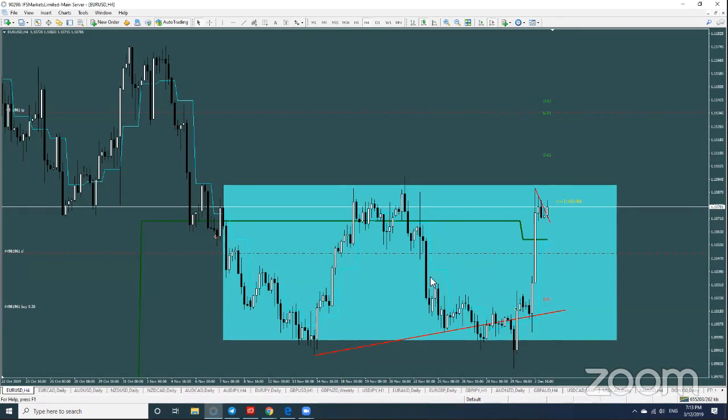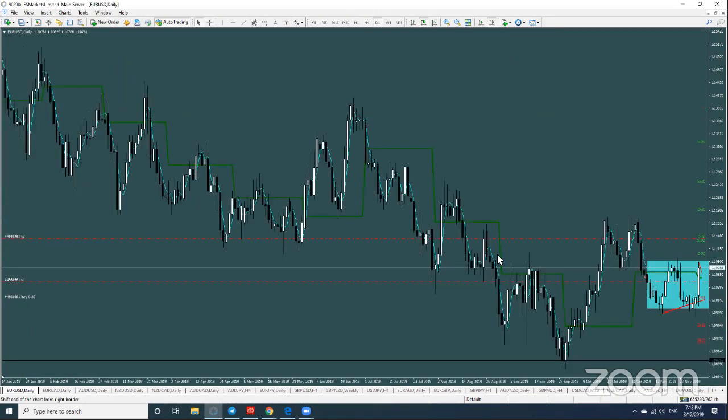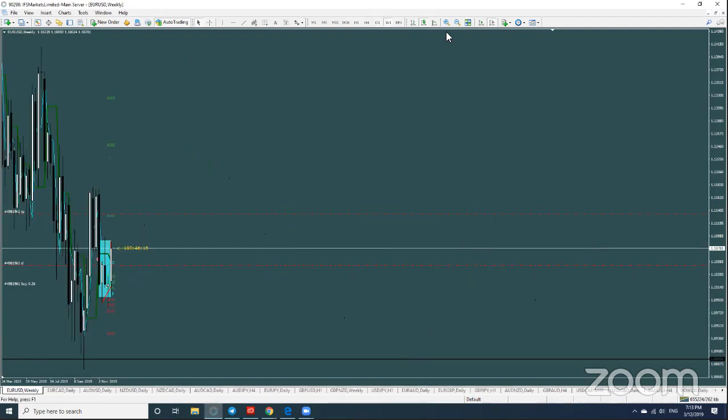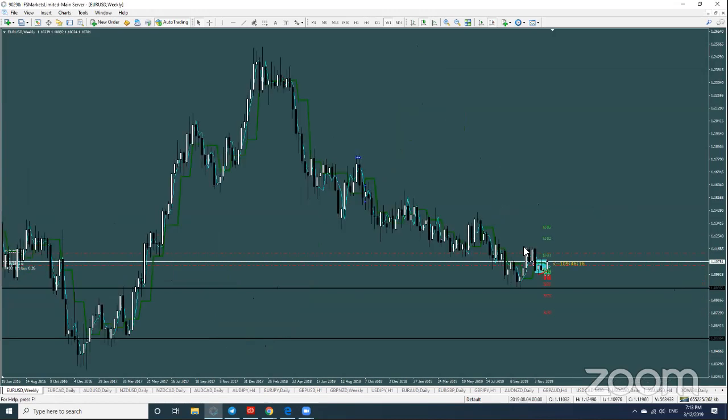And as I said, when we do reverse, in particular on pairs against the dollar, we oftentimes do not even give the pivots a look the next day, and this may well be one of those occasions. It's yet to be determined, as far as I'm concerned, whether we're going to continue this reversal, because remember, this is the euro dollar, and the euro dollar is still clearly, for mine, in a downtrend.